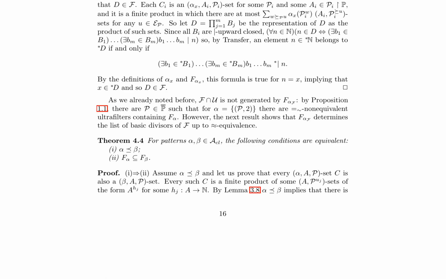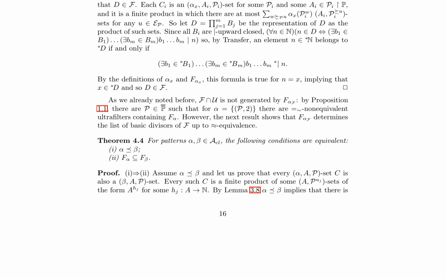Notably, Theorem 4.3 establishes that for every F an element of beta_n, F_alpha is a subset of or equal to F intersection U, implying that the filter F_alpha generated by a pattern alpha is a subset of the intersection of the filter F and the set U. This finding is crucial for understanding the relationships between F_alpha and other filters.